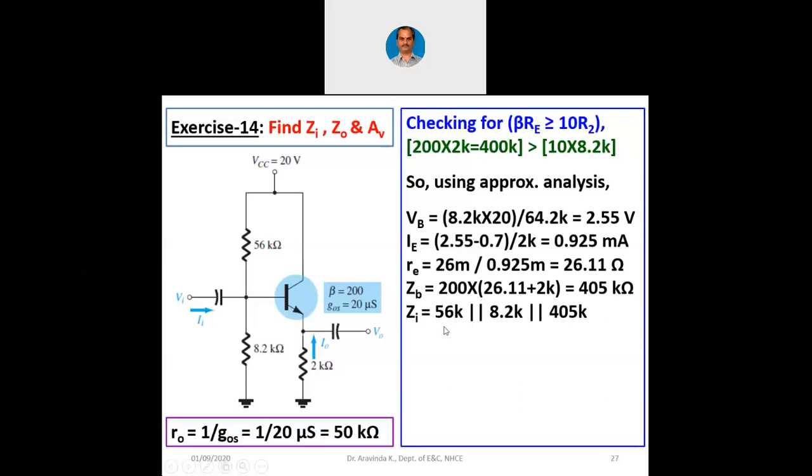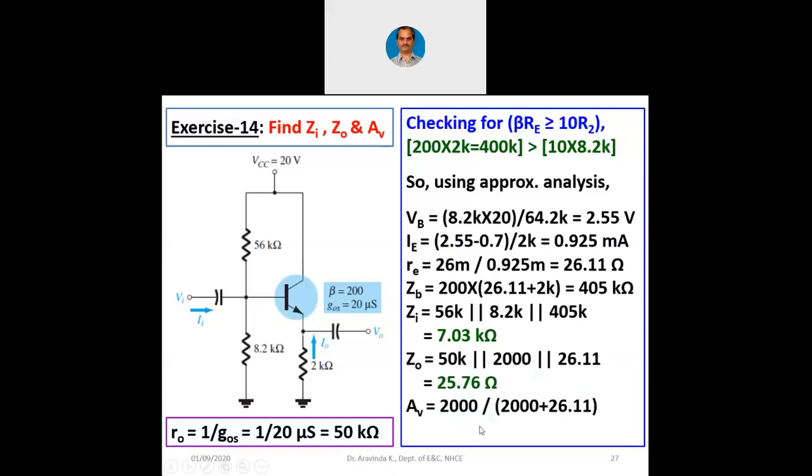That's what I told you: R1 parallel with R2 parallel with ZB. So we get input impedance as around 7.03 kilo ohms. Z0 is the same as yesterday's formula. So R0 is 50K parallel with 2K parallel with small re, that is 26.11, which means Z0 is around 25.76 ohms.